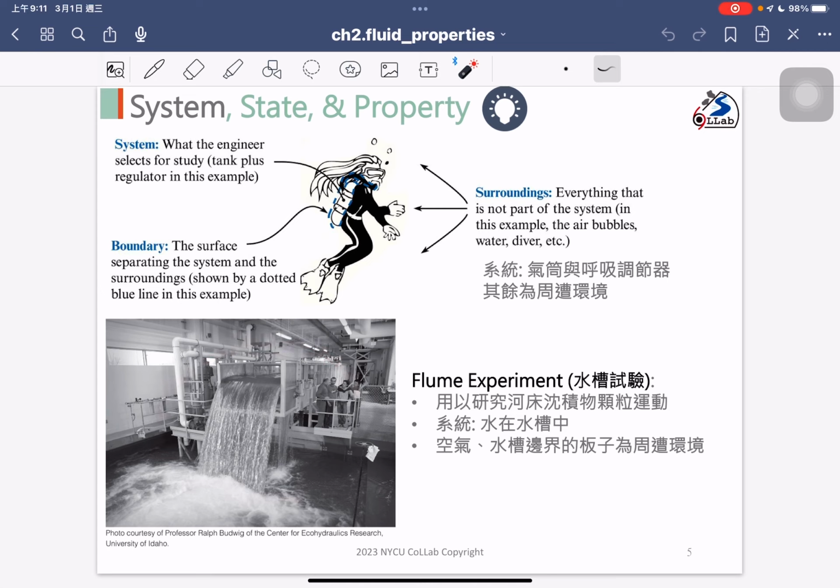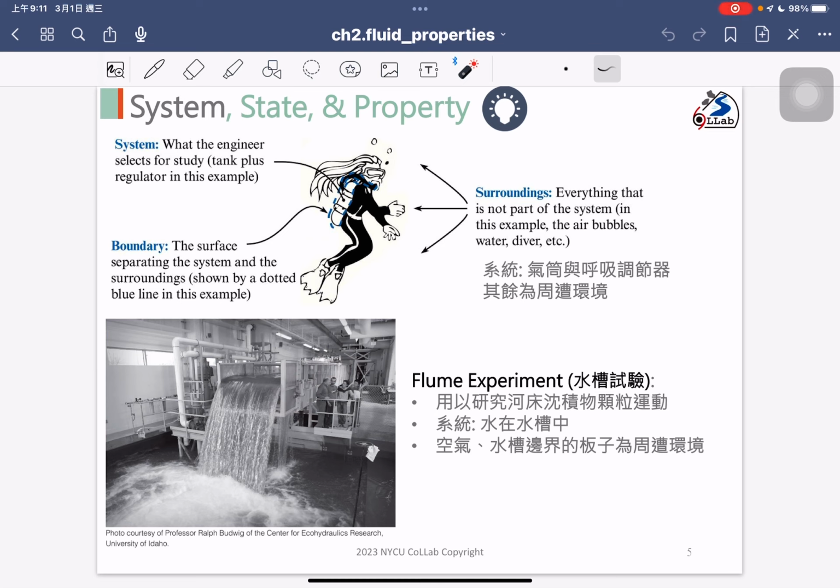What's the system? I will pick the water inside the flume to be the system. Then I can define the surroundings. The surroundings should be the air in here, and the channel boundary here.